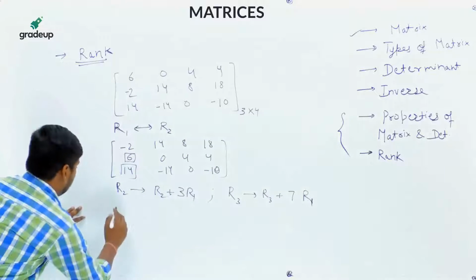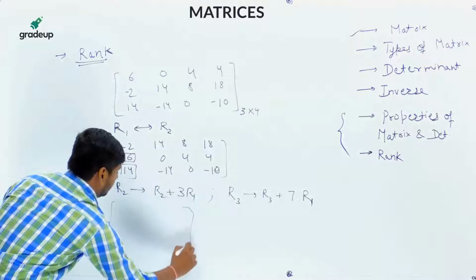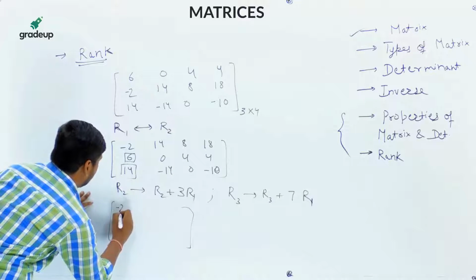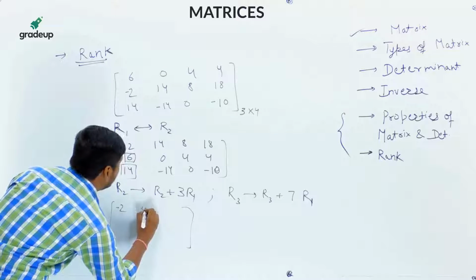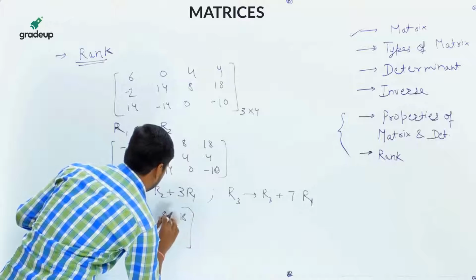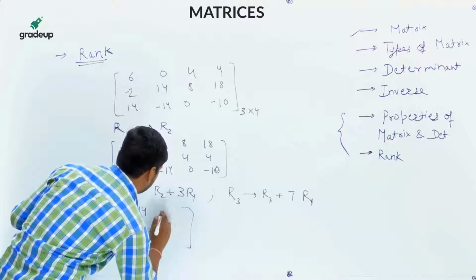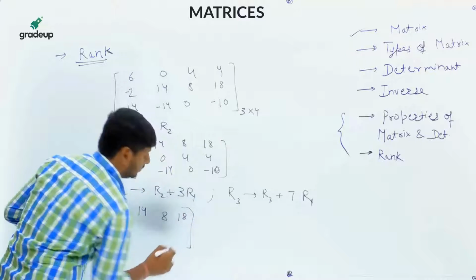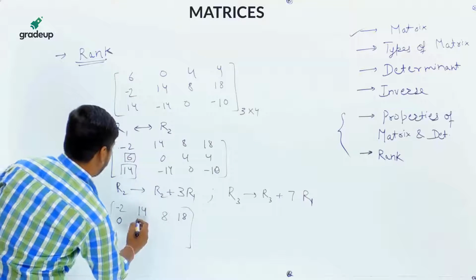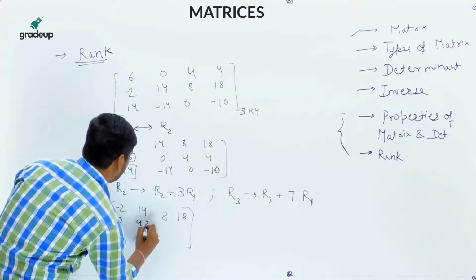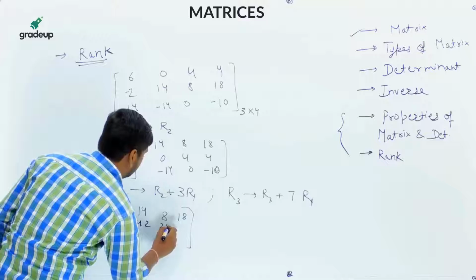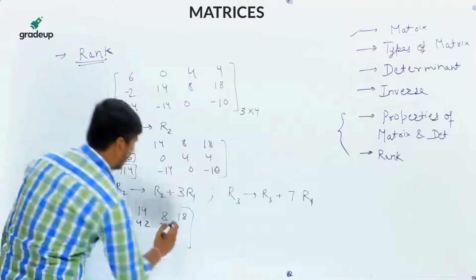So let me apply these two operations. We get the R1 row as it is, minus 2, 14, 8, 18. Then 0, 0 plus 3 into 14, 42, 4 plus 3 into 8, 4 plus 24, 28, 4 plus 54, 58.